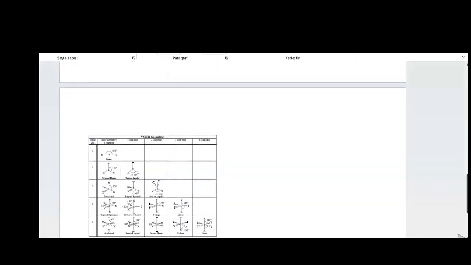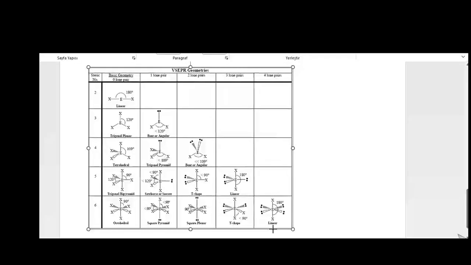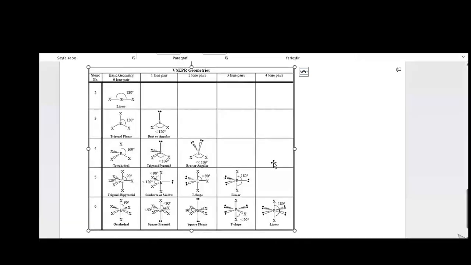Okay, let's look at that table. I'm going to show you right now. Our molecule is like this.